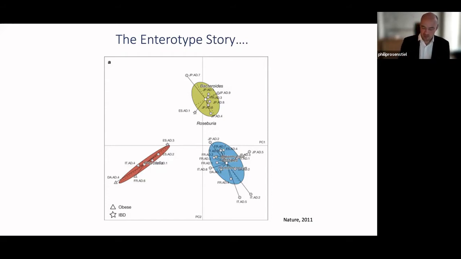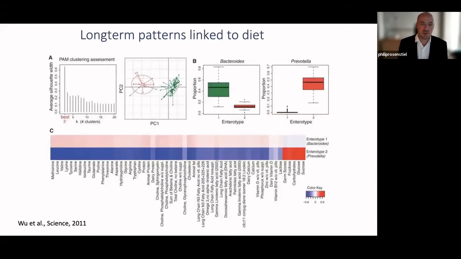But in the same year, and much less debated, there was another paper, which was probably as seminal, that showed something very similar, where there were only two enterotypes. And these enterotypes were clearly linked to the dietary intake. In other words, enterotype 2 was linked to the intake of carbohydrates.